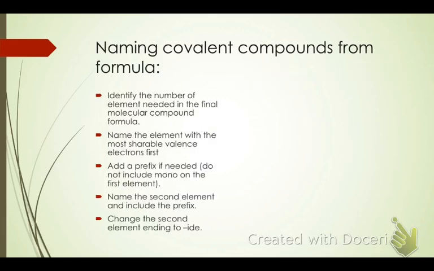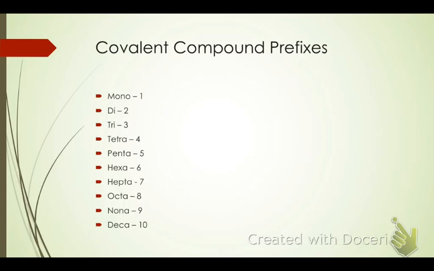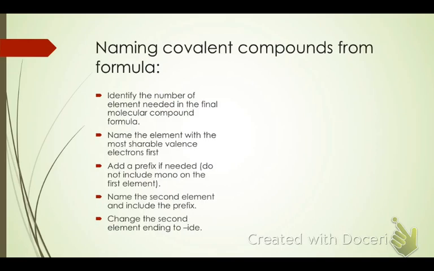The last part of this is how do we name covalent compounds from the formula. So for example, if we had N2Cl5, which is not a real compound in this case, but we can name it as is. We notice that we have 2 nitrogens and we have 5 chlorines.